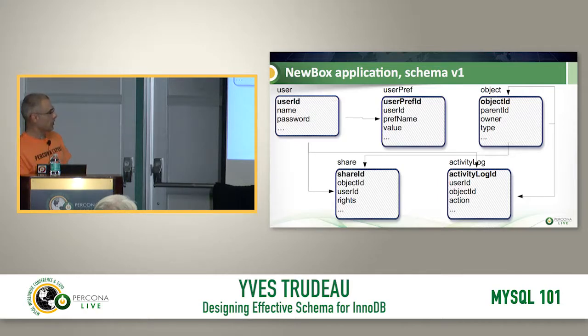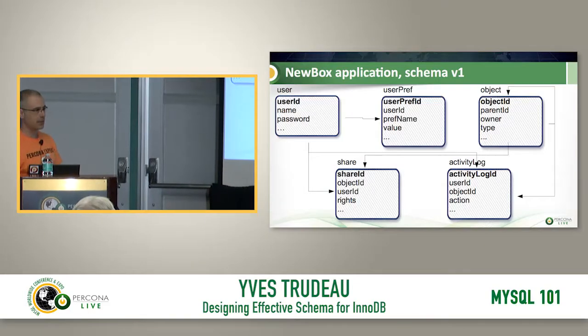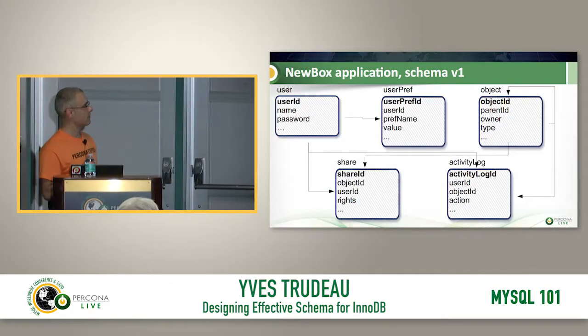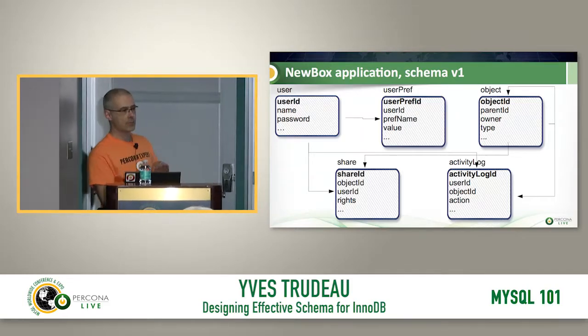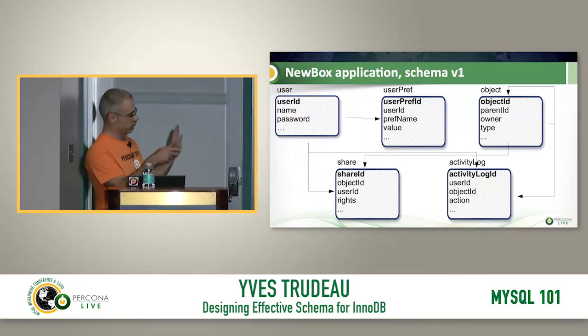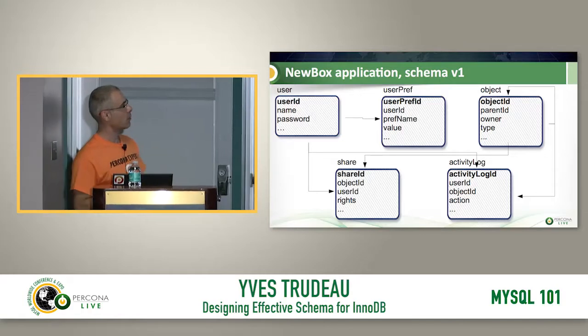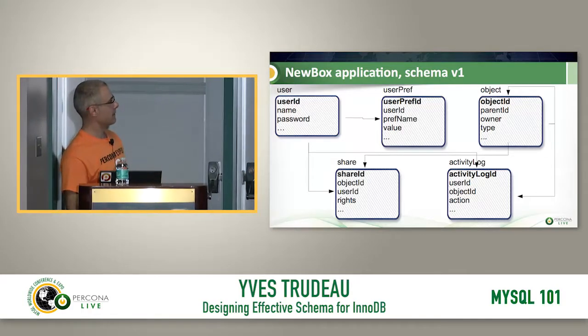So it's a many-to-many table between object ID and user ID. And of course, I want to log all the activity. Sorry for the drawings, the lines. That's OpenOffice limitations. So all the activity will be logged. I want my marketing guy to be able to sort patterns and things like that. So that's my basic schema. Probably have more tables than that, but the functionality I want is all in there.